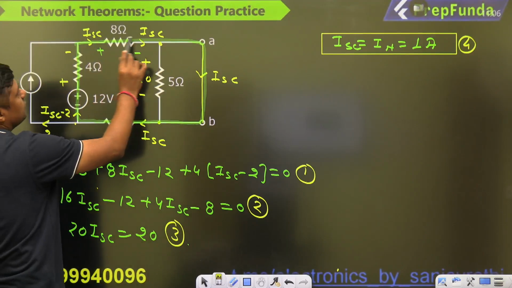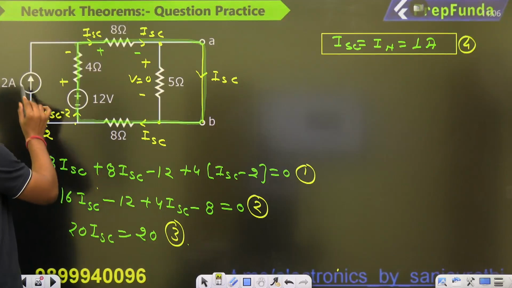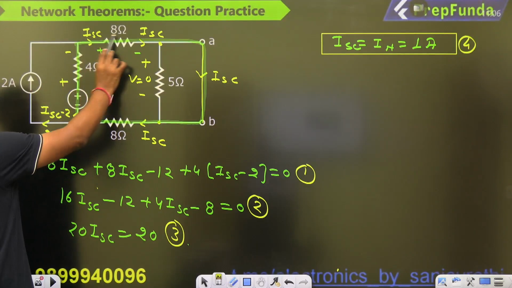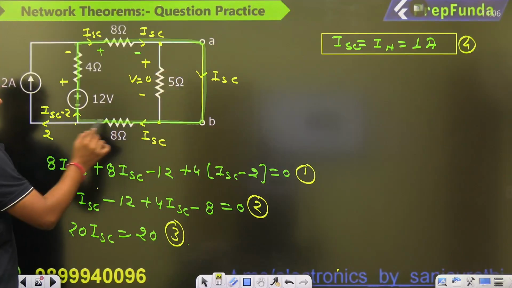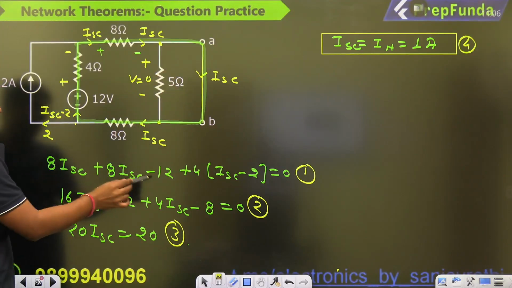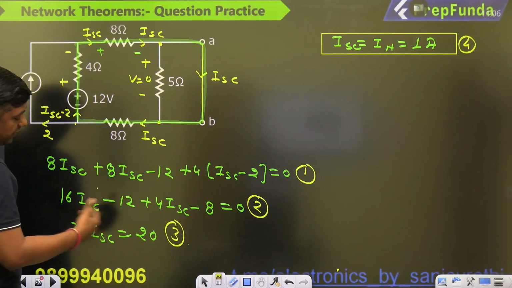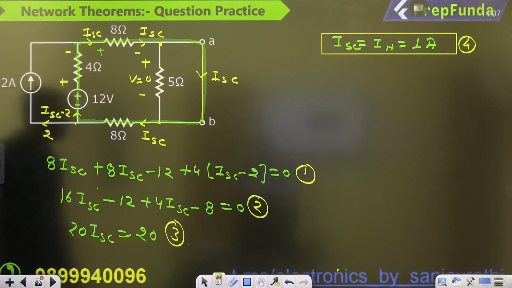The same ISC will flow from this point to this point, and there is the 2 ampere. That's why it will become ISC minus 2. Write down the KVL from this point to this point. It will become 8 ISC minus 12, and then 4 times (ISC minus 2), and you will get the answer: ISC is equal to 1 ampere, guys.